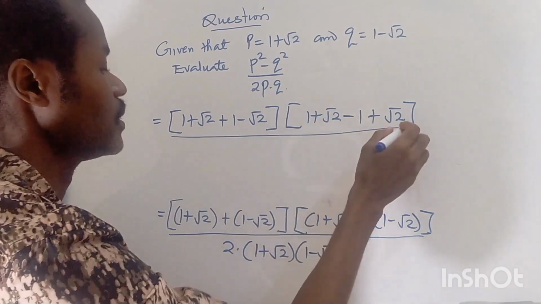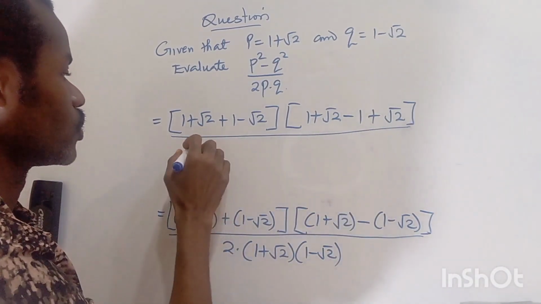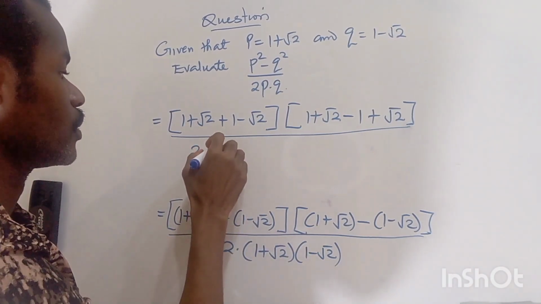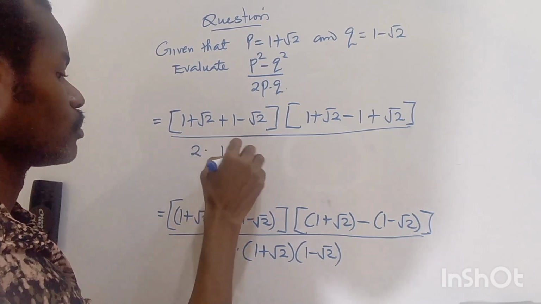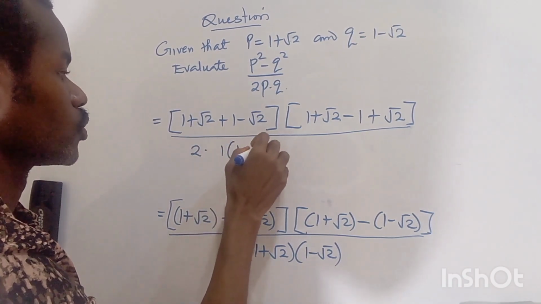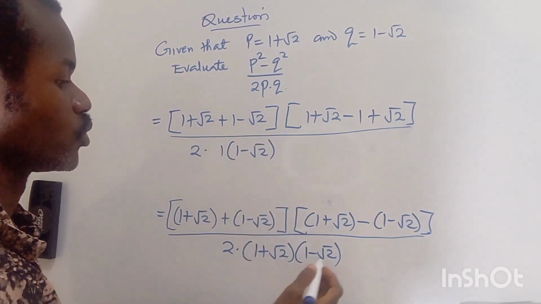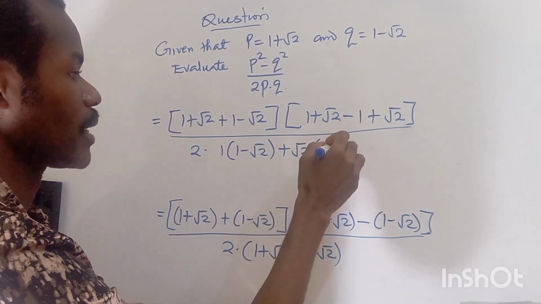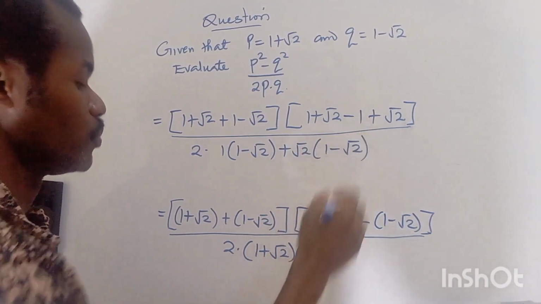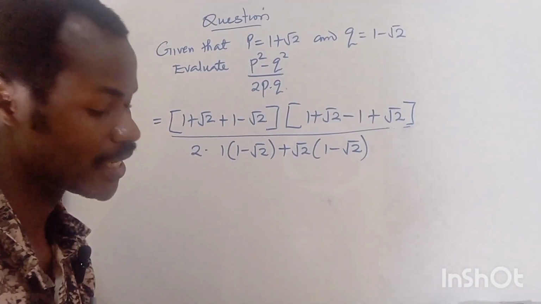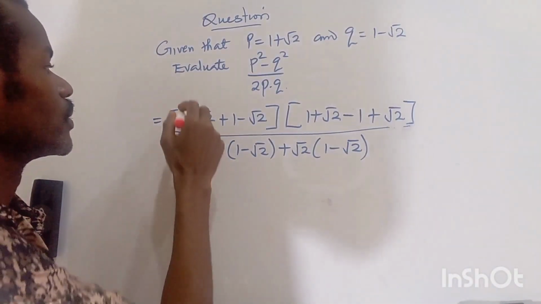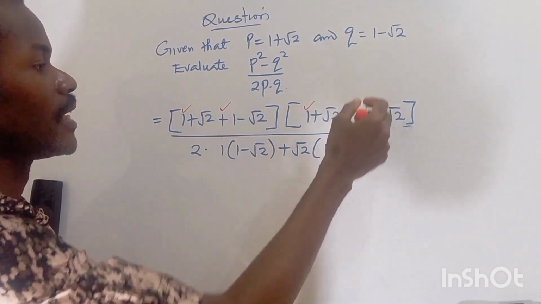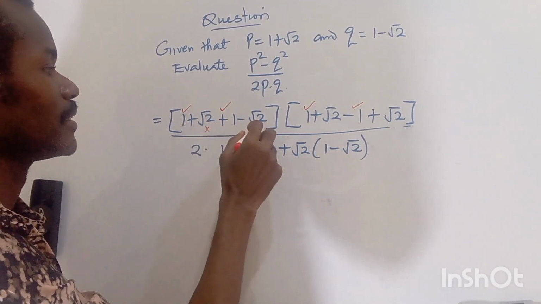So all this is going to be divided. Now we are going to open brackets here. 1 will times this, so we have 1 times 1 minus root 2, and plus root 2 is going to times all this, so plus root 2 times 1 minus root 2. So we are going to quickly collect our like terms. These and these are alike, these and these are alike, and these and these are alike.